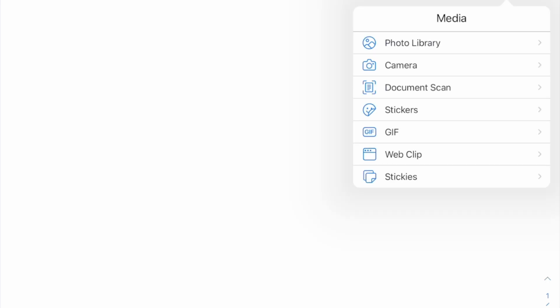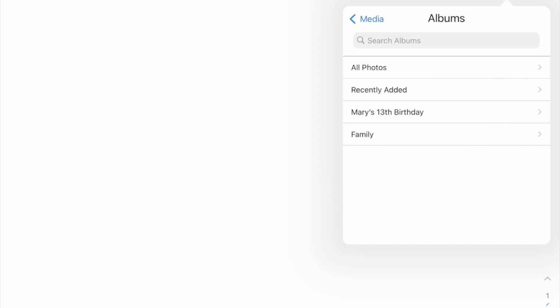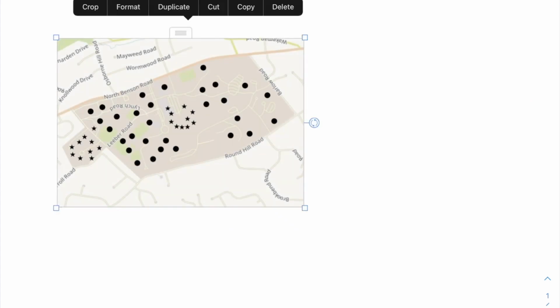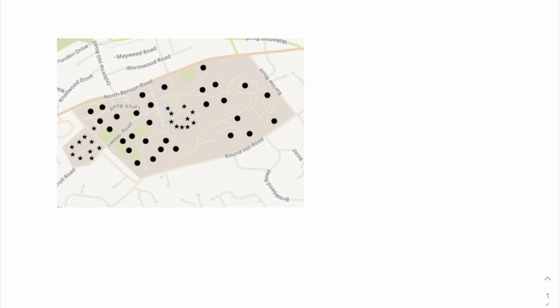So my picture, I think I have it in here. Here. All right. So this is a map which has, I got a handout for you, a bunch of circles and a bunch of stars, and you can count this up yourself, but I will tell you we have 50 individual stars and circles.